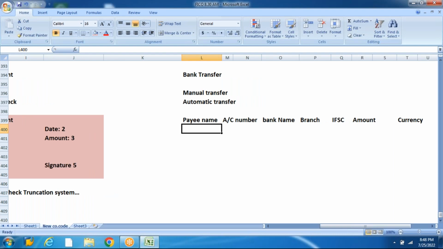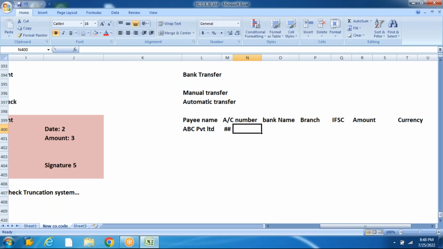Something like this, there will be a format. Let's say I put the account name as ABC Private Limited, this is your supplier account, and this is the account number.